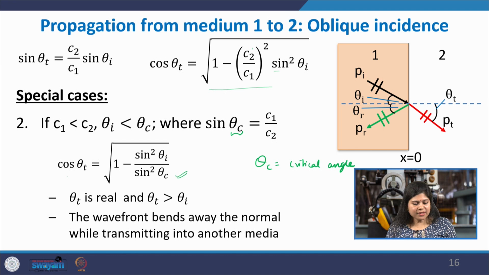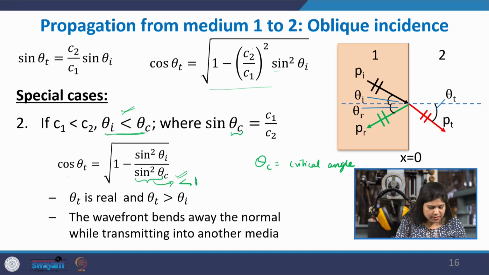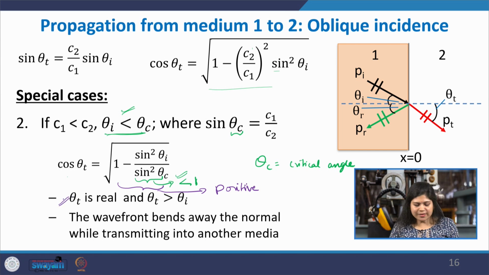In the first case, theta I is smaller than theta c. So, overall this term remains smaller than 1, and hence the entire term inside the square root would be positive, and hence we will get a real transmitted wave.